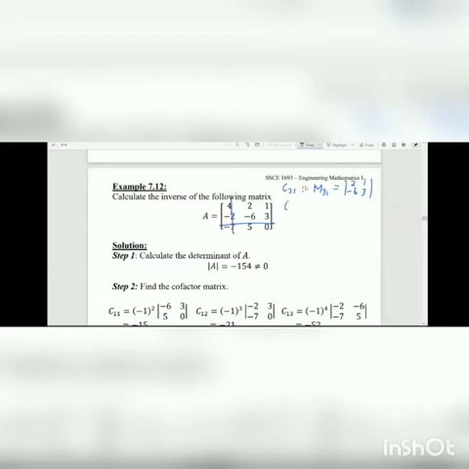For C32, our minor M32 equals 4, 1, negative 2, 3. For C33, our minor M33 equals 4, 2, negative 2, negative 6.